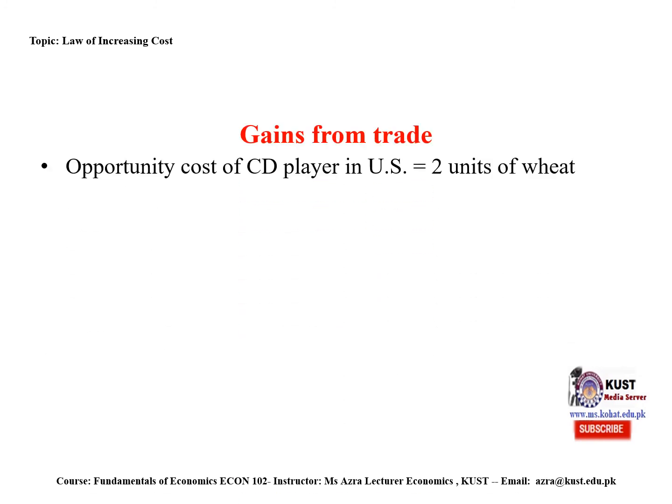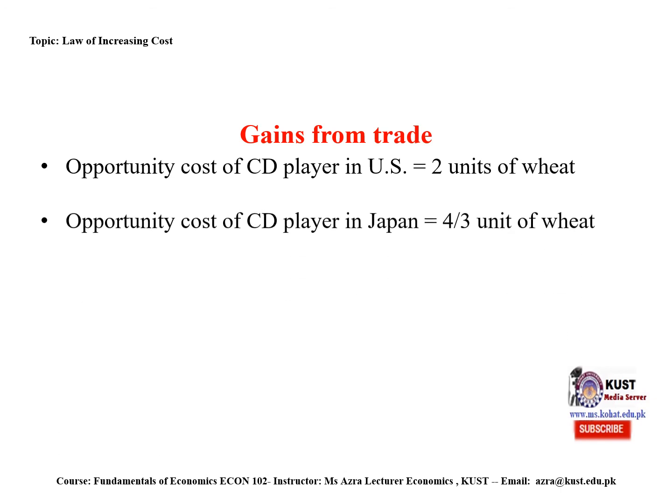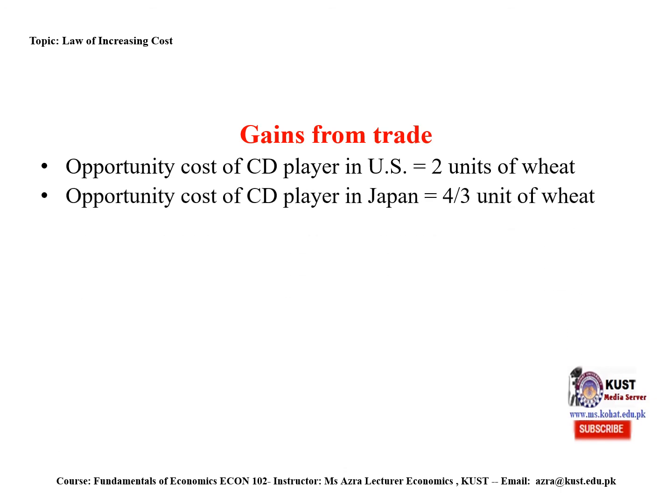What are the gains from trade? In our previous slide, you have seen the diagrammatic presentation which shows that the opportunity cost of a CD player in the US is equal to 2 units of wheat. Again, the opportunity cost of a CD player in Japan is 4/3 units of wheat.